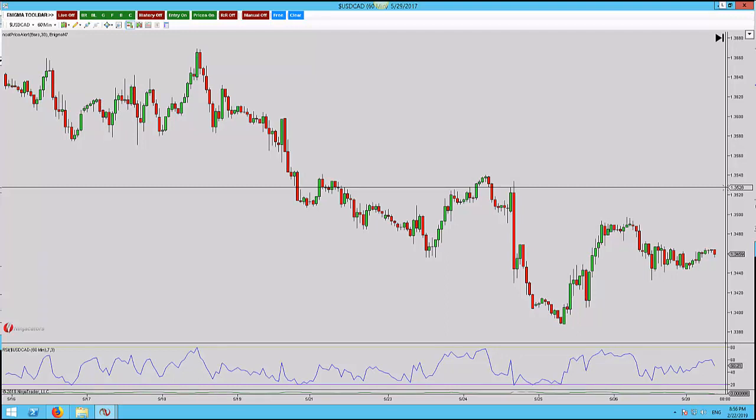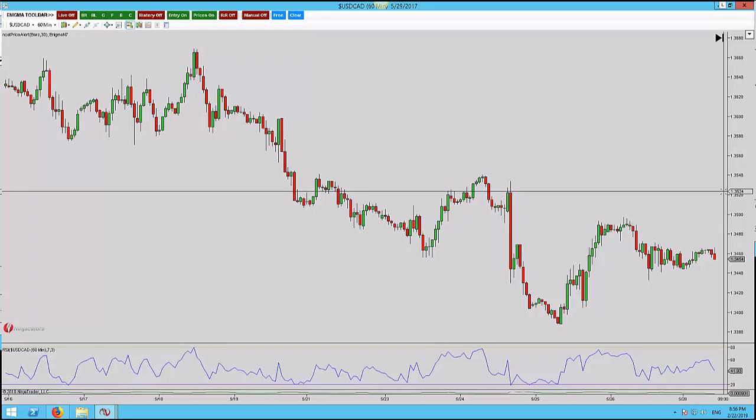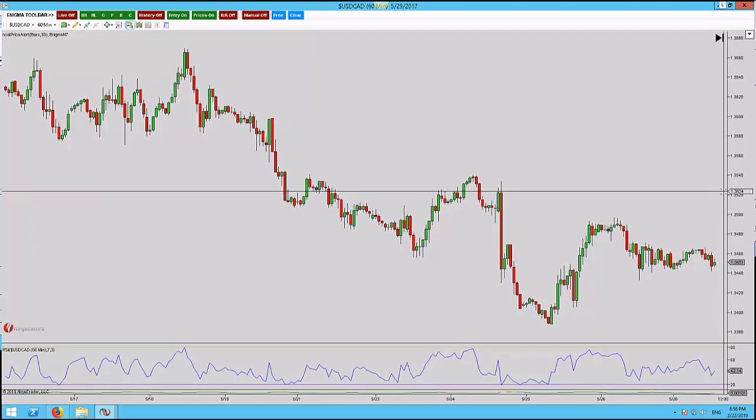Oh, okay. Lower low, lower close there. Let's keep going. Another lower low, lower close. We may have missed our entry here.